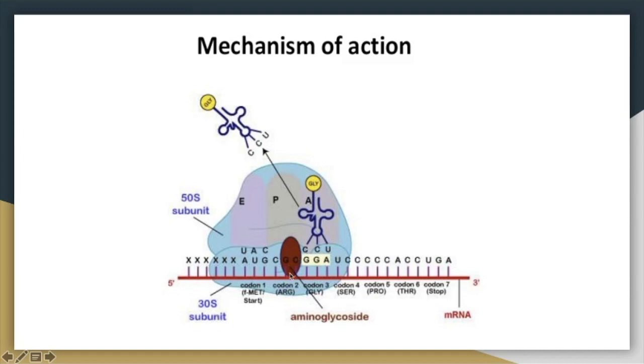So the aminoglycoside sits right there on the mRNA, so this complex can no longer read the genetic material. So they don't know which amino acid to bring in next. And so it basically inhibits protein synthesis. Short story, aminoglycosides inhibit protein synthesis.